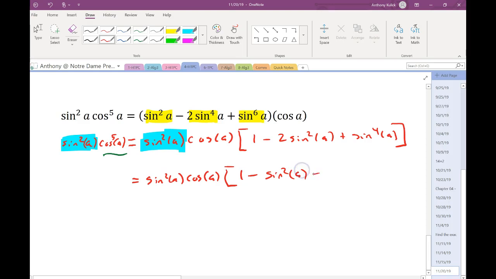So negative 2 is the same thing as negative 1 and negative 1. You can do that. Does everybody see what I did there? I just took that and broke it into two separate negative sine squareds.